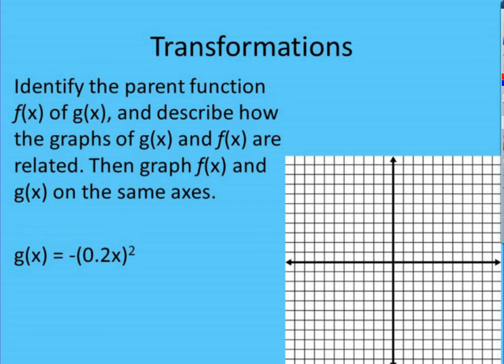So if we take a look at this function, we have negative 0.2x squared. Our parent function is just going to be the square function. So if we start here, let's do our scale first. We are at 1, 2, 3, 4.